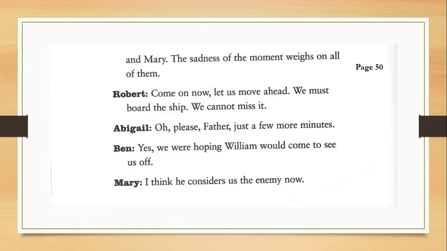The sadness of the moment weighs on all of them. Robert: Come on now, let us move ahead. We must board the ship. We cannot miss it. Abigail: Oh, please, Father, just a few more minutes. Ben: Yes, we were hoping William would come to see us off. Mary: I think he considers us the enemy now.